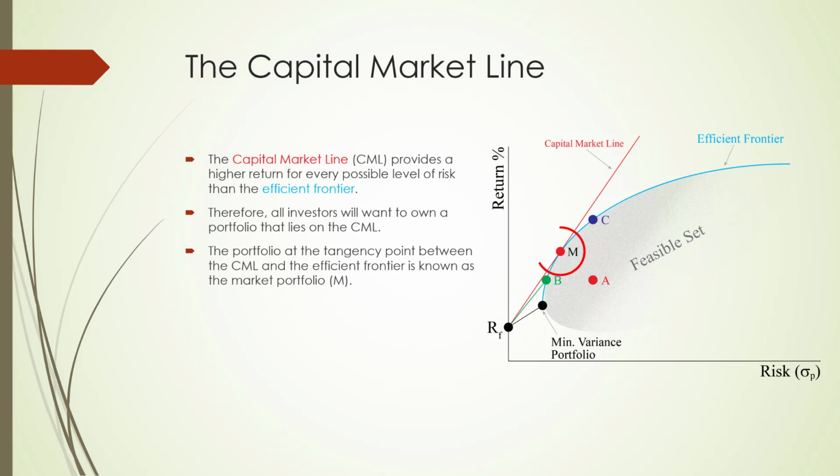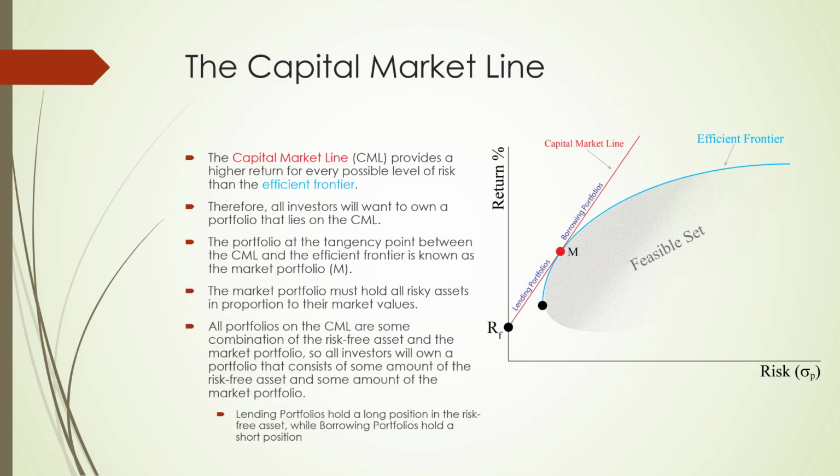Portfolio M is 100% invested in risky assets. It does not hold any risk-free asset. But every other portfolio on the capital market line is some combination of the risk-free asset and the market portfolio. And the more tolerant an investor is of risk, the further up the capital market line their optimal portfolio will be.